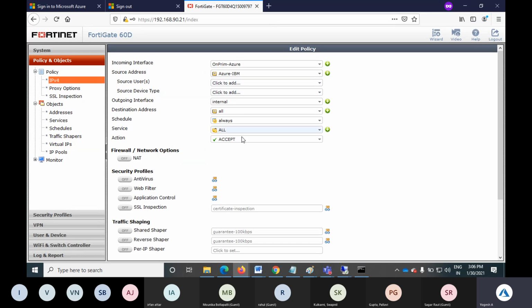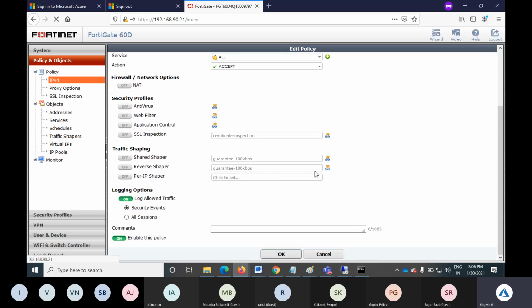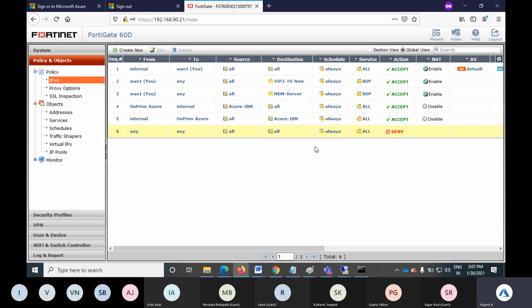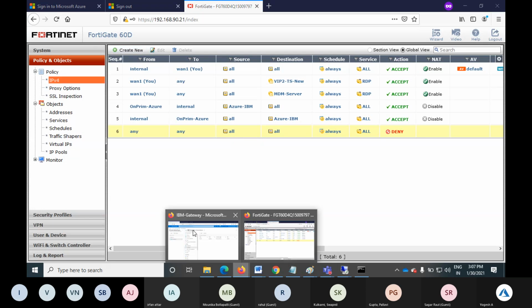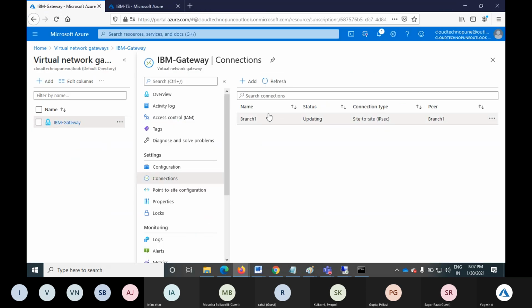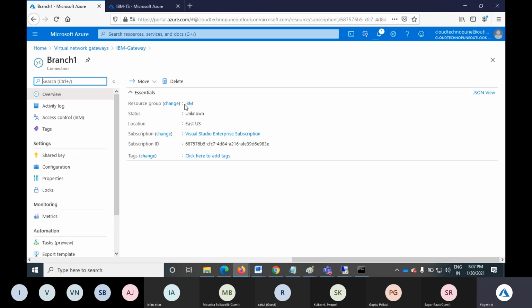So this is a specific one. When we select here some Azure IBM, it means this is a specific one. Okay, let's try once. Still it is updating.